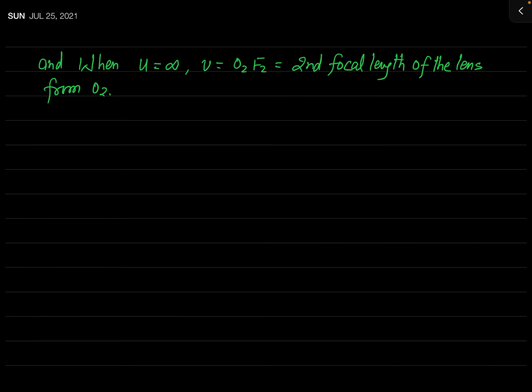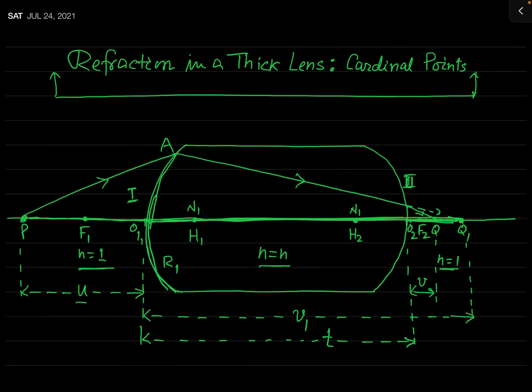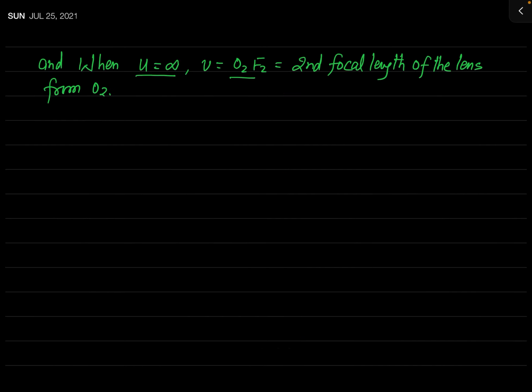So when u is equal to infinity, then v will be equal to O2F2. Here F2 is the second focus of our lens, and O2F2 is the second focal length, which according to the definition is simply equal to the image distance v, but only when you keep the object at infinity.